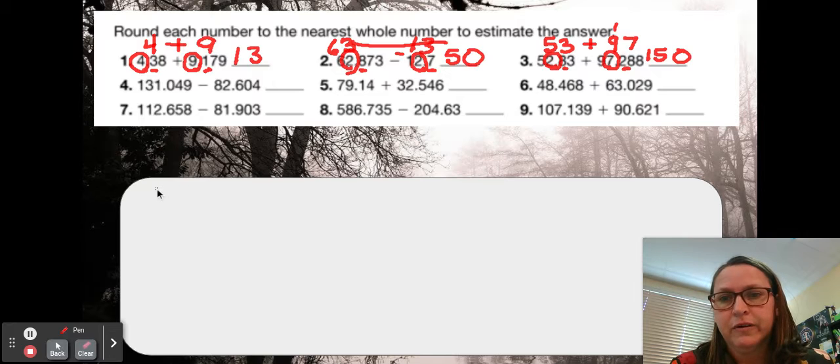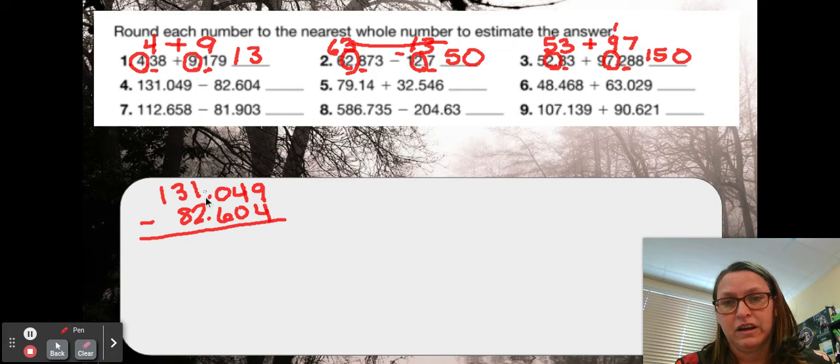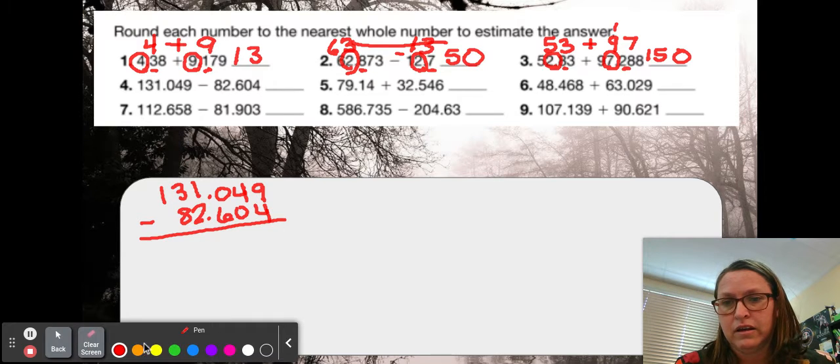So for number 4, I have 131.049 minus 82.604. Notice I did line up my decimals right here. So let me circle my whole number.